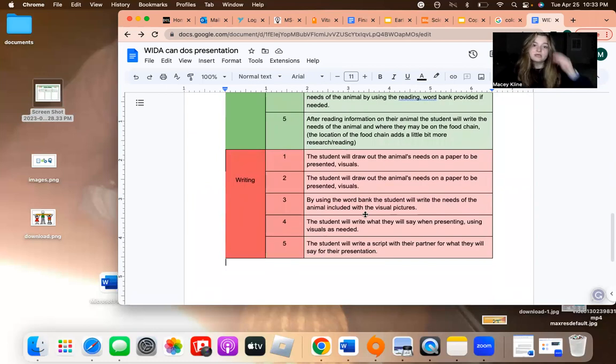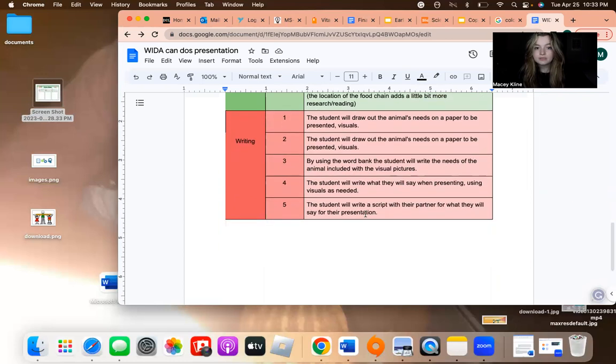For writing, this is also very per student, even students that aren't using the WIDA Can-Do chart. First, I said drawing for both the first two visuals.